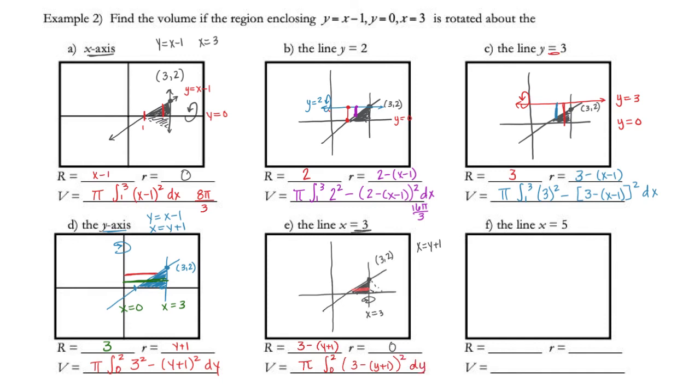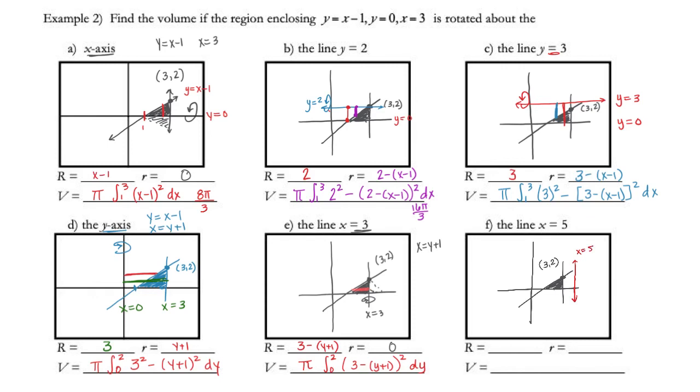Alright, and for our last example on this one, then we're going to do x equals 5. So again, our same basic sketch again. And still our same point of intersection at 3, 2. But now our axis of rotation's back over here at x equals 5.